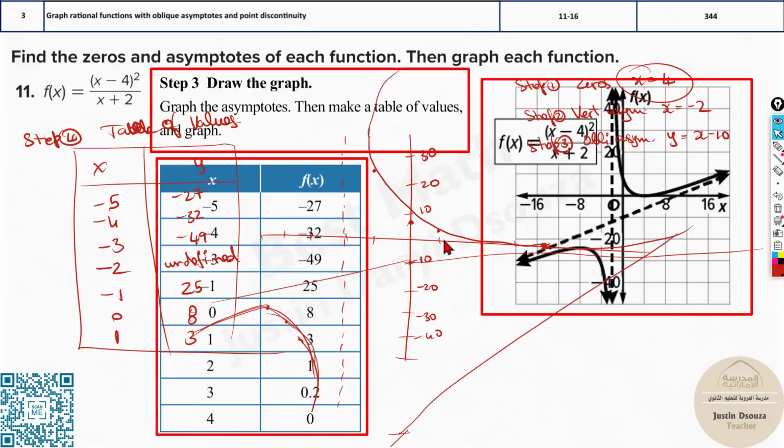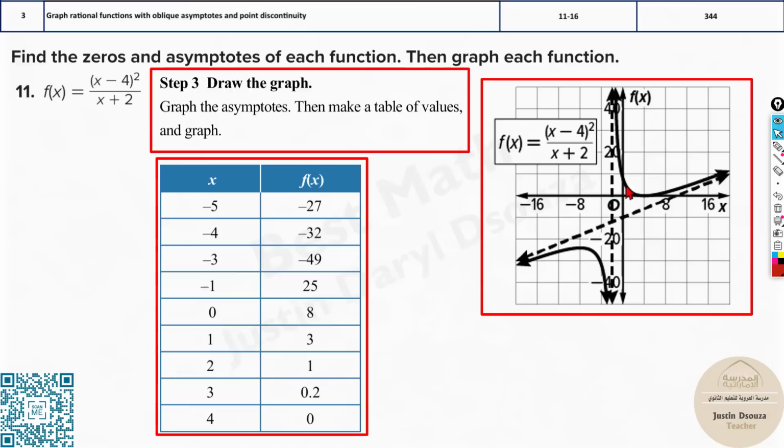I should have done that because I've just taken 1, 2, 3, which is very inaccurate, because you can't compress the scale on the y-axis and leave the x-axis as it is. It'll be very, very wrong. But if you draw it properly, with an approximate scale, it's fine. You will get the graph something like this. And at 4, you will be touching the x-axis. So this is the graph.